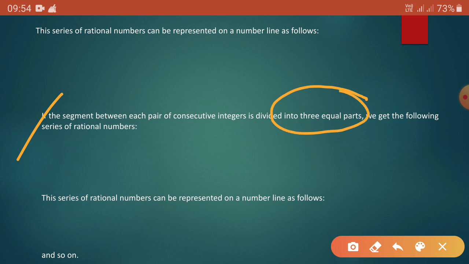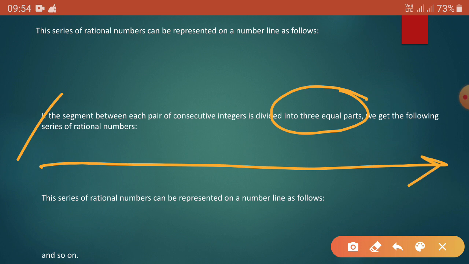So now, suppose this is 0 and this is 1, and we want to divide this segment between 0 and 1 into three equal parts. Then we have to make three parts in between these two rational numbers.